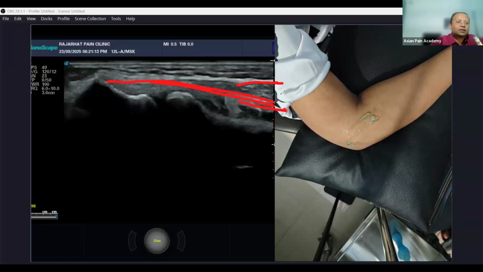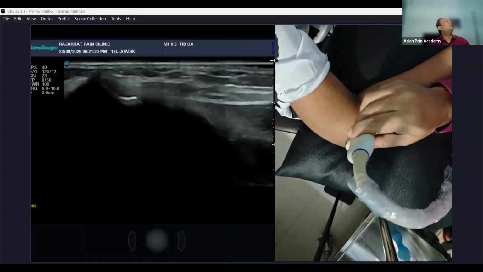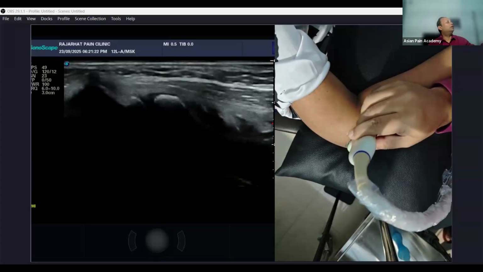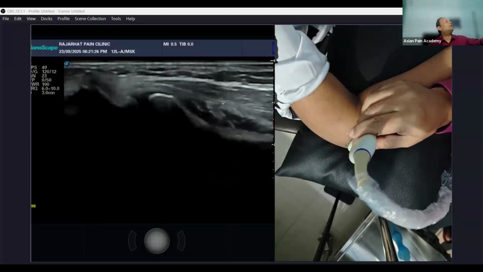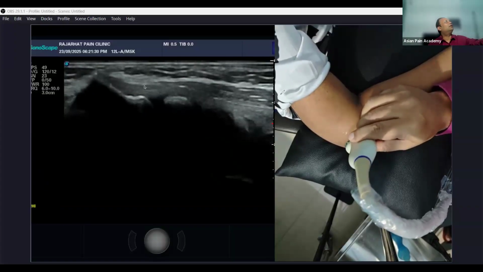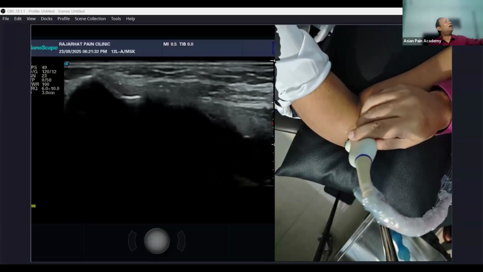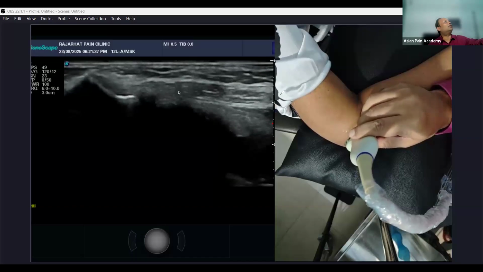Let us see if you can perceive this part or not. So see, this is the fibrillar structure, and ultimately it is going in the upper part of the tendinous area. So this is the continuous fibrillar structure.